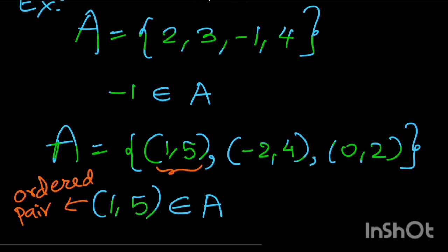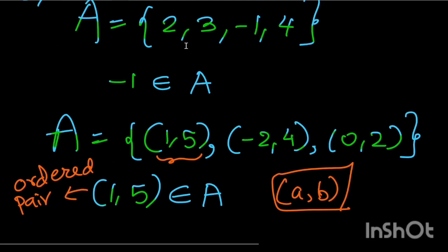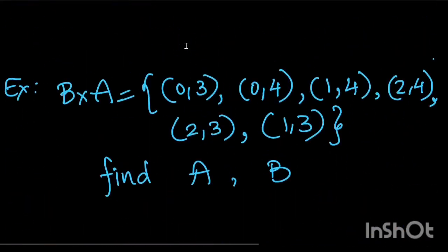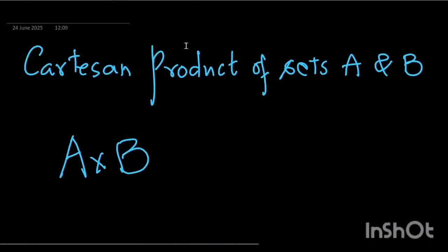Okay. So an ordered pair in general is A comma B, where A and B are generally some numbers. So why did an ordered pair come here? Let's see. So guys, ordered pair is basically defined for what purpose?